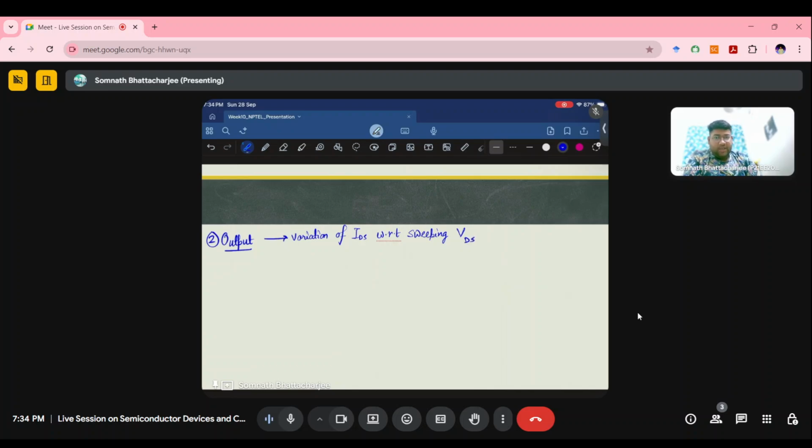We are sweeping the VDS and recording the IDS value, and while recording this, we are applying a constant VGS value. A plot of this will look something like this.